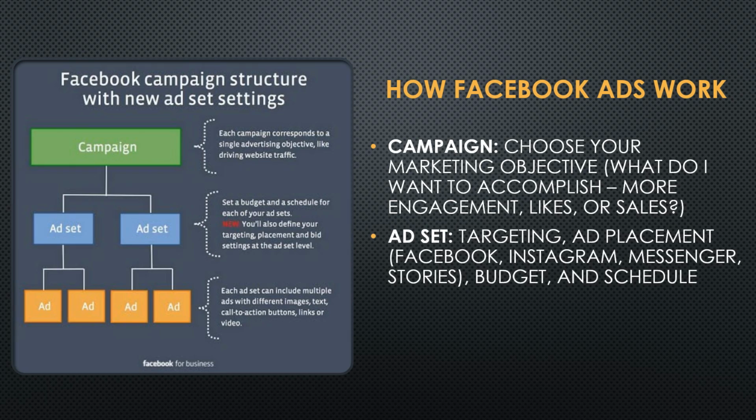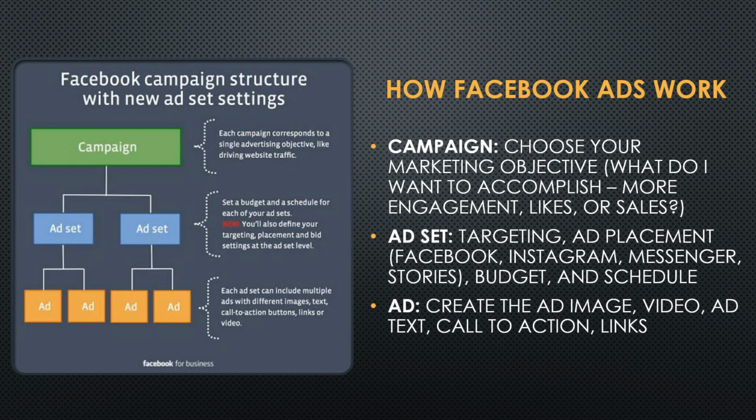So we know what our objective is, what the overall ad is going to do. Are we going to get more leads, more engagement, or more sales? Then we're going to figure out the targeting: who is our audience, where is this ad going to be placed, how much we're going to spend, and how long we're going to run the ad.